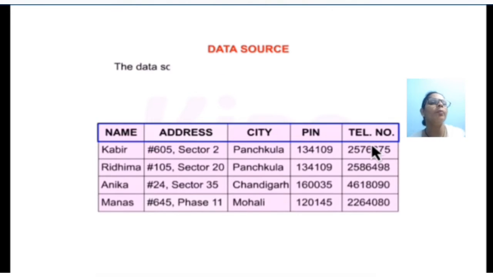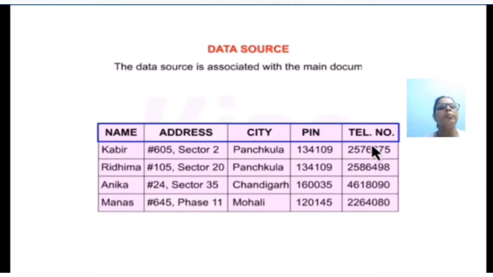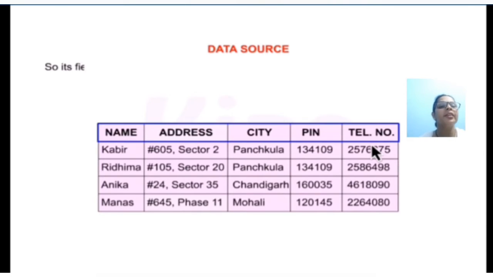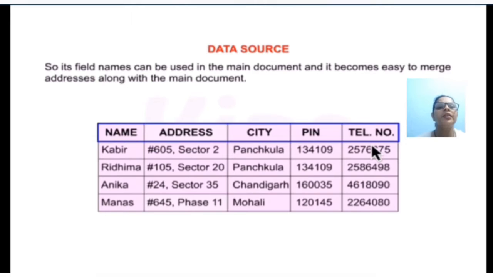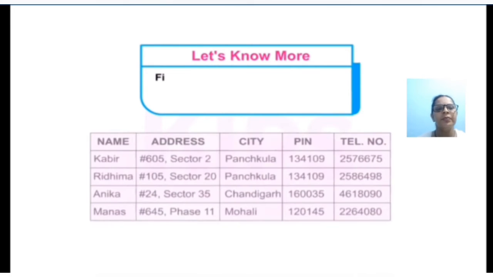In table form, the data source is associated with the main document, meaning it is combined with a main document. So the field names can be used in the main document and it becomes easy to merge addresses with the main document. Let's know more about this.